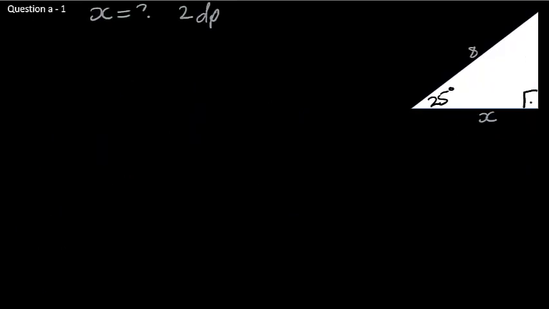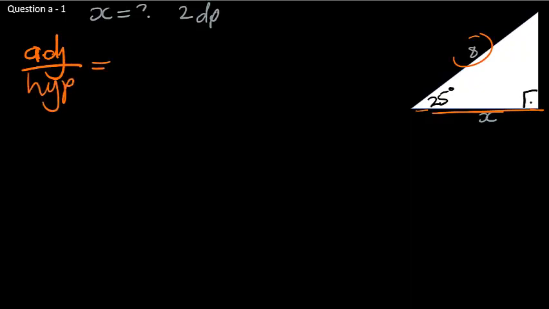All right, so let's get into exercise 2. We went slow for the examples. Now we are going to go much faster. Question A1 is telling us to solve for x to 2 decimal places. So for all of question A, we are going to solve for x, all of the answers to 2 decimal places. I have x is adjacent, so I've got adjacent over hypotenuse.